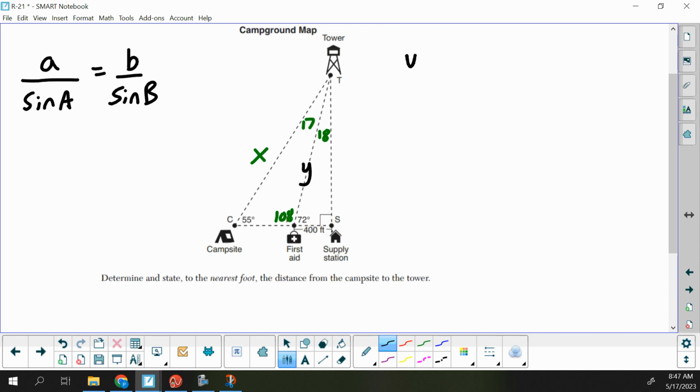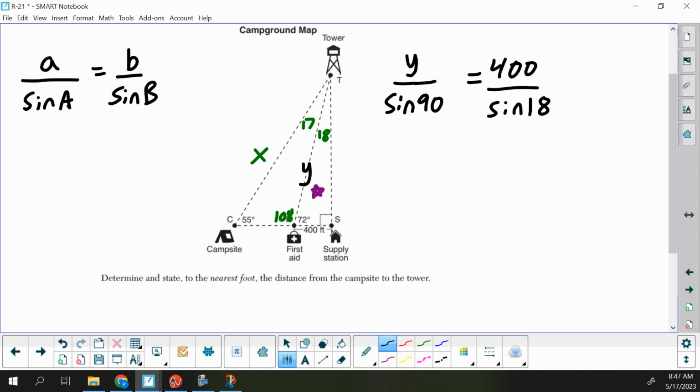We're going to start with y, and working in this triangle here, the angle across from y is 90. So we're going to do y over sine of 90, and that equals the side that we know in that triangle, the 400, over sine of 18.